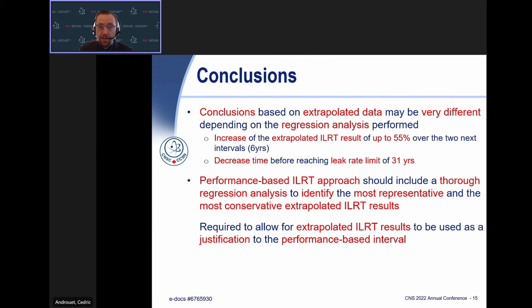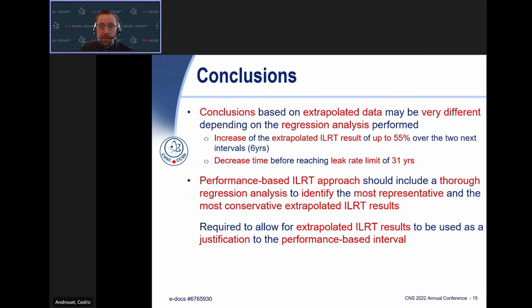When compared to the linear trend over the whole set of data, extrapolating the ILRT results based on the polynomial trend led to an increase of the extrapolated ILRT result of up to 55% over the 2 next test intervals. And it also decreased the time remaining before reaching the leak rate limit by 31 years, which is very significant.